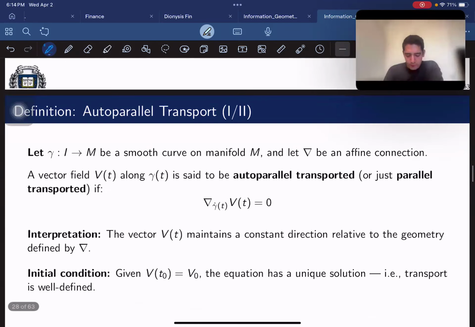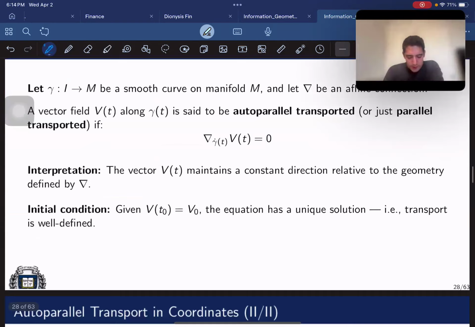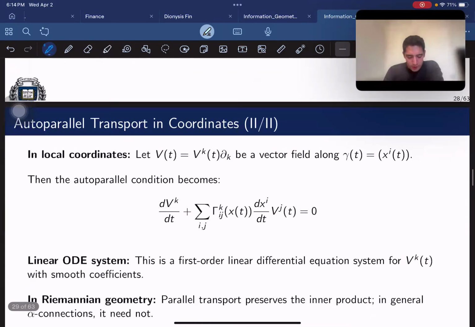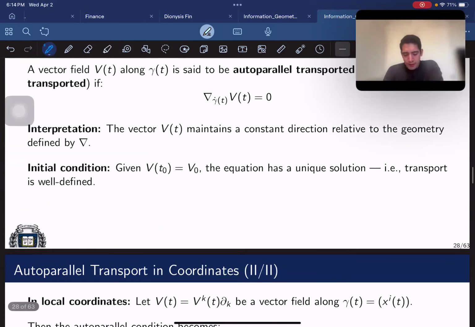Again, for geodesics, in order to solve this: given a curve, what is the autoparallel transport of a vector field I have? How can I solve this?